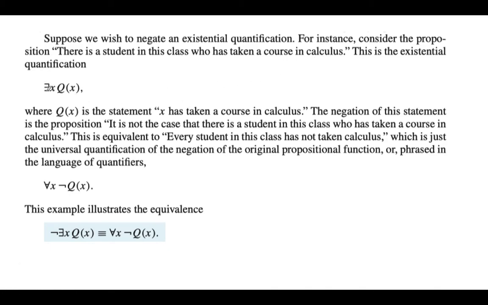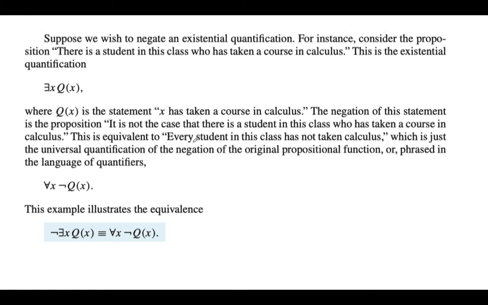So we write there exists x Q of x, where Q of x is the statement x has taken a course in calculus. The negation of this statement is the proposition what? It is not the case that there is a student in this class who has taken a course in calculus.